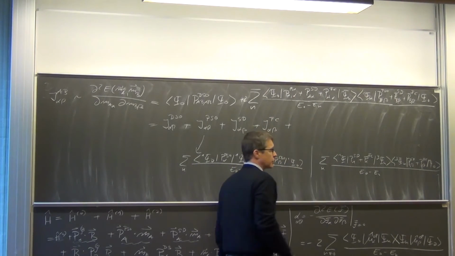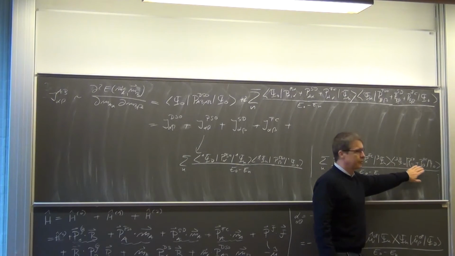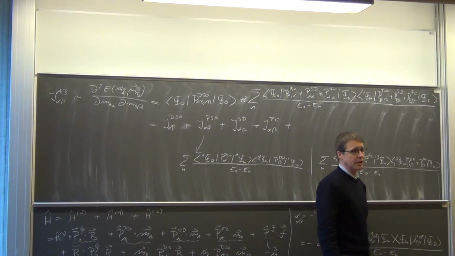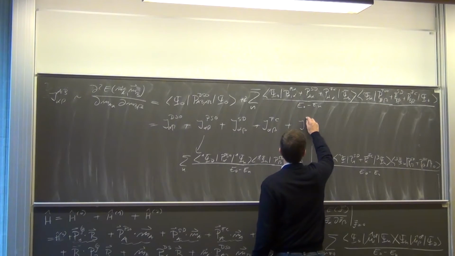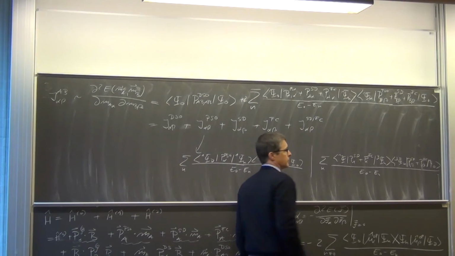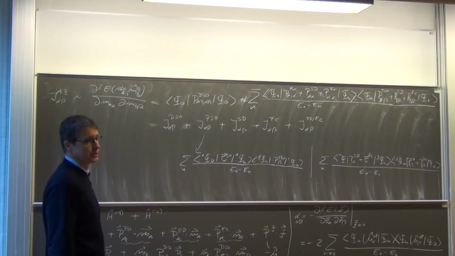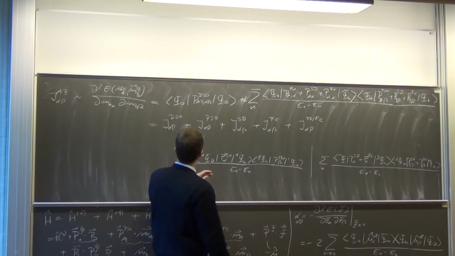And you get what we call a cross term. Spin dipolar in one, Fermi contact in the other, plus Fermi contact in one and spin dipolar in the other, which is called the spin dipolar Fermi contact cross term. So you get actually 5 contributions if you really separate it out.